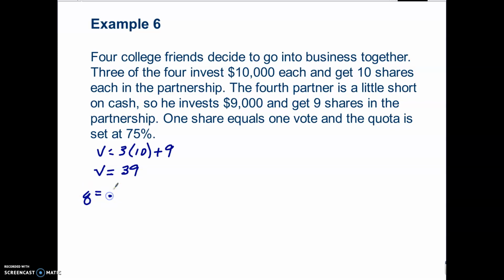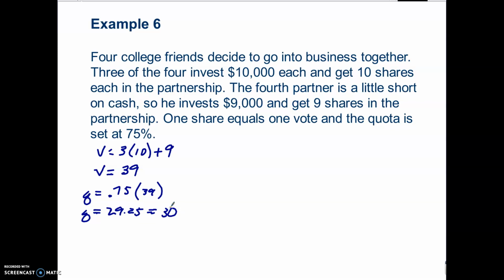So I take this 75%, written as a decimal, 0.75, multiply it by the 39 votes, and I have a quota that is equal to 29.25. And remembering we round up, so I will set my quota at 30.